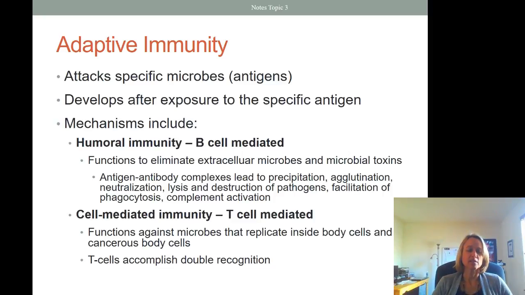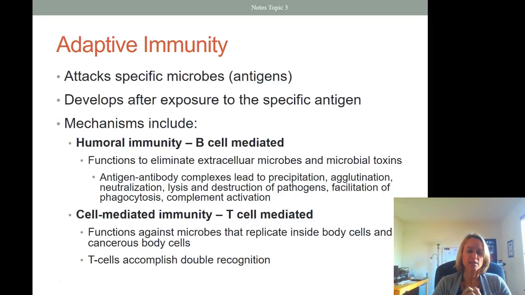So the B cells differentiate into plasma cells, which release antibodies, and then those antibodies bind to antigens, forming these complexes that can lead to either precipitation out, agglutination or clumping of like cells together, or neutralization of that antigen. It can lead to lysis and destruction of the pathogens. It can facilitate phagocytosis by phagocytic cells, and it can activate complement.